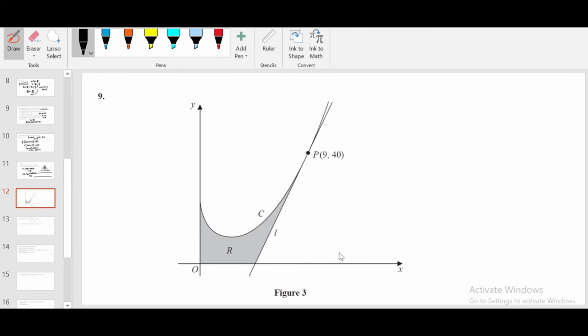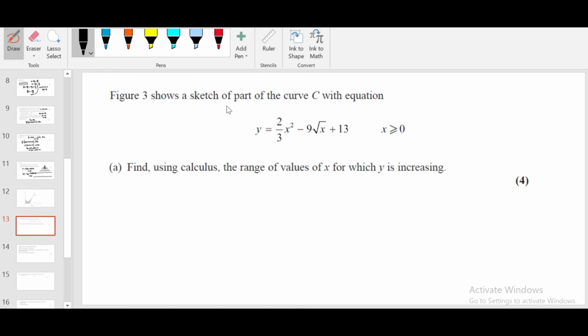Question number 9 now. We have this diagram given. Figure 3 shows a sketch of part of the curve C with this equation. Find using calculus the range of values for which y is increasing. If it's increasing, you need to put dy/dx greater than 0.